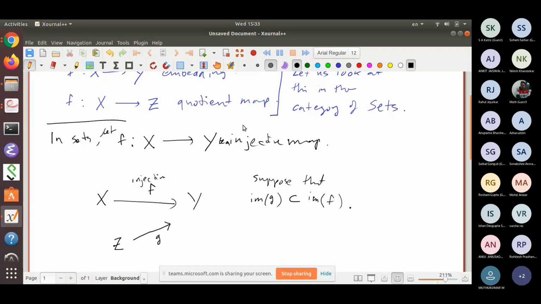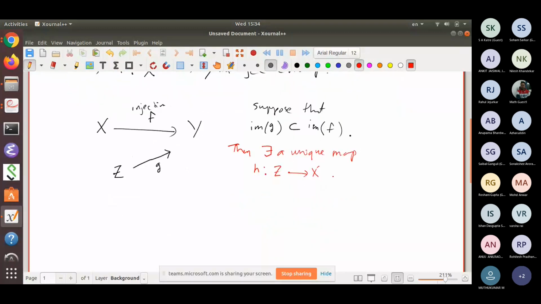Okay, now comes the universal property, and that will be in red. Then there exists a unique map H from Z to X such that G is equal to F composite H, which means there exists a unique such map H, making this triangle commute.